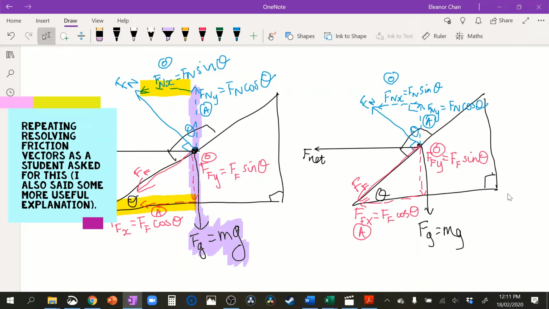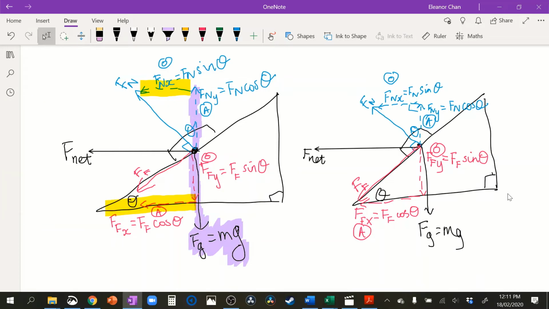Your vertical has to be your hypotenuse multiplied by sine theta, and that'll be the y component. And then your friction x will be the hypotenuse Ff times cosine theta. That's where it comes from. So that's where all of the diagrams come from, the labeling.